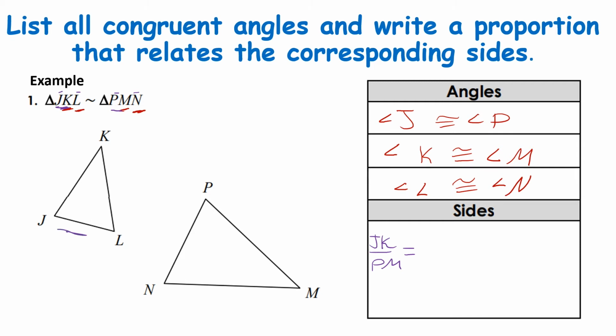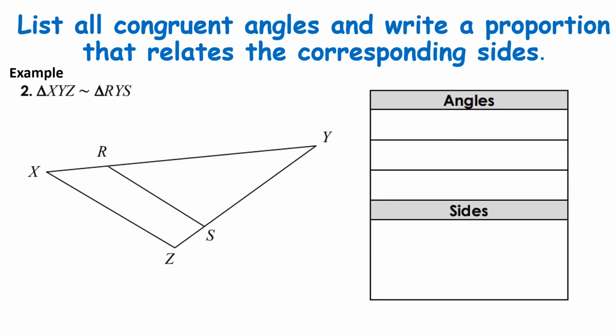And last, what is left: KL over MN. So we've written a proportion to match those corresponding sides, and we've matched the congruent angles as well.